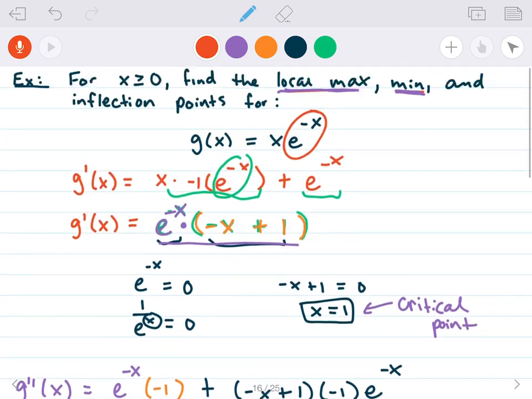Okay, now what else does it want us to do? It wants us to find the inflection points. It doesn't look like there is a local min, right? Because we only had that one critical number, and we plugged it into the second derivative, and all we got was a local max.